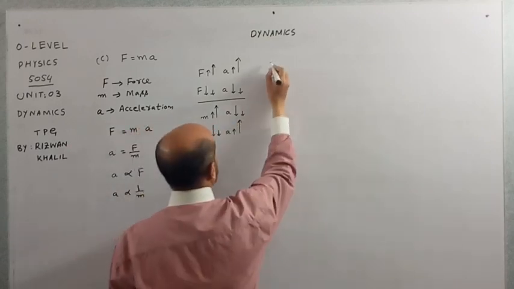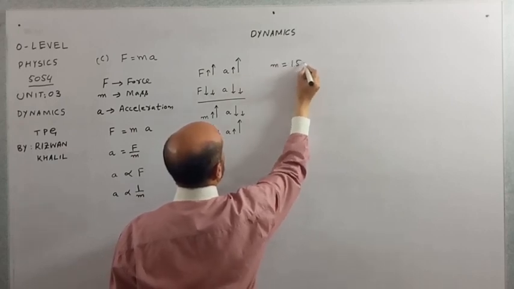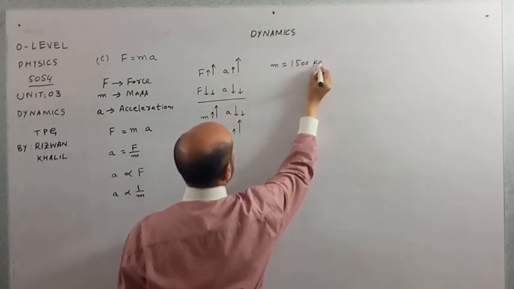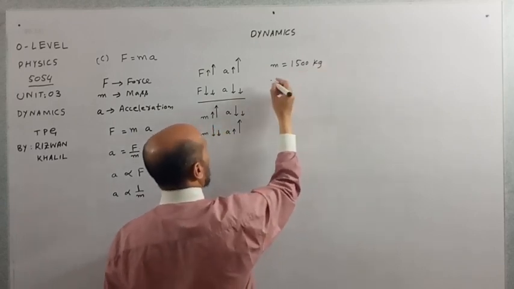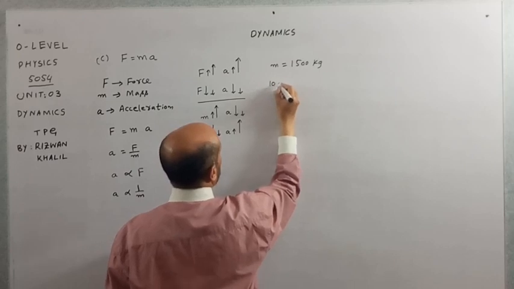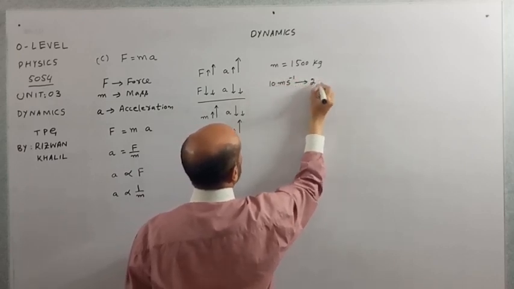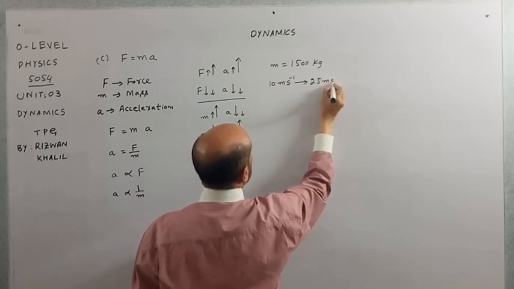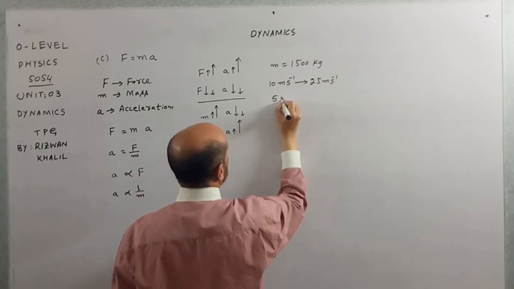Let's suppose the mass of the body is 1500 kg. The velocity of the body changes from 10 meters per second to 25 meters per second in 5 seconds.